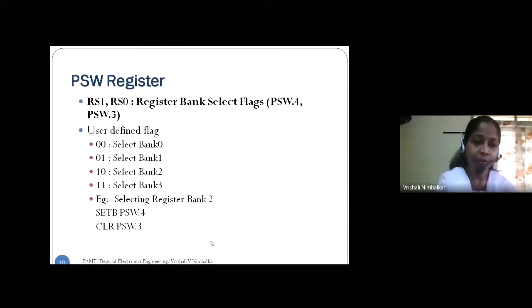Was there an overflow during the arithmetic operation? How is the parity of the obtained answer? Correct? These are called status, right? And these are also called arithmetic flags because they are affected by some arithmetic operation performed by ALU.